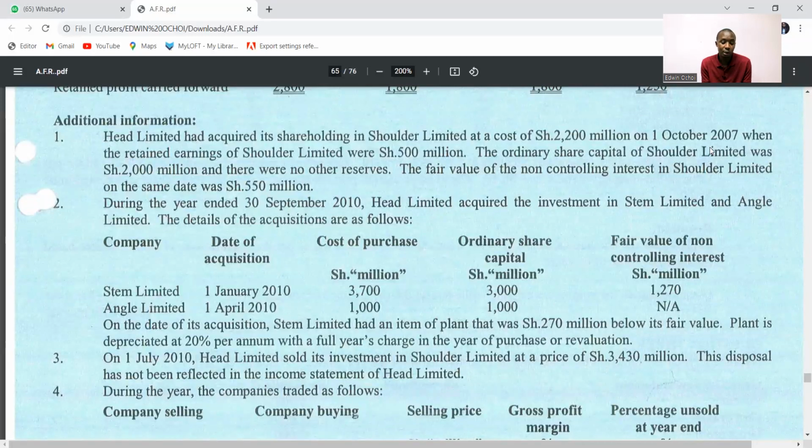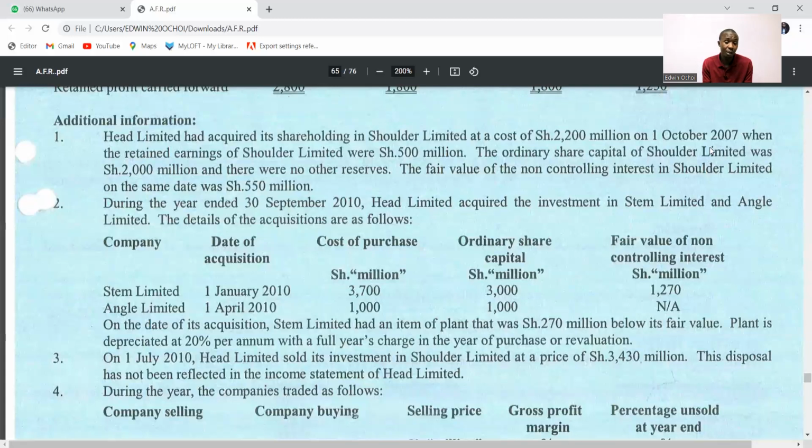Note 1 says Shoulder was acquired in 2007. Even Anchor and STEM were acquired before they disposed of Shoulder, as you can see in additional information number 2, date of acquisition.